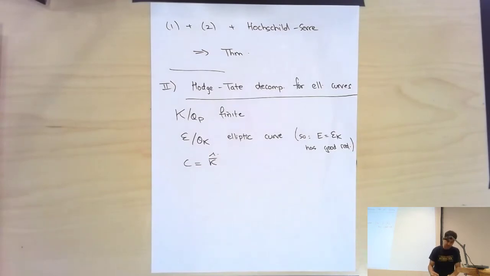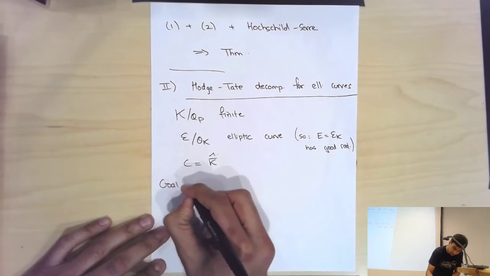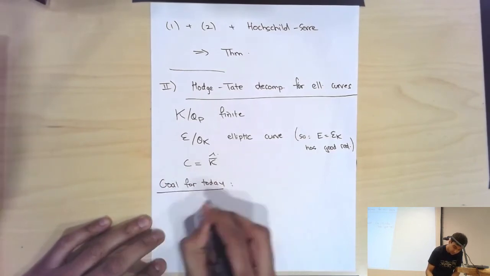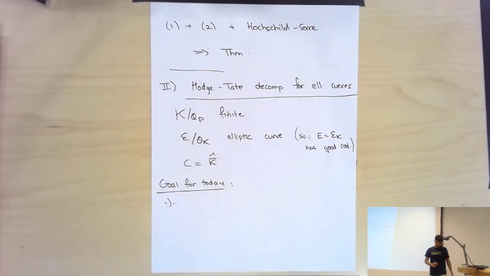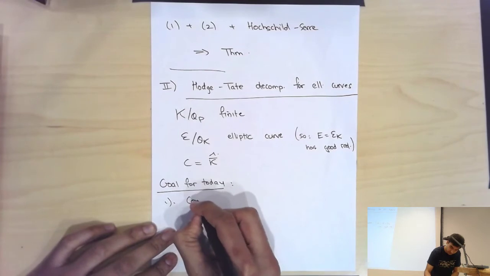And then the goal for today is to construct the two maps that go into the Hodge-Tate decomposition. So the first map is the map relating differential forms to étale cohomology.